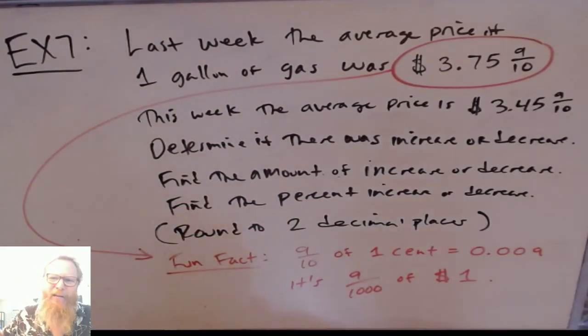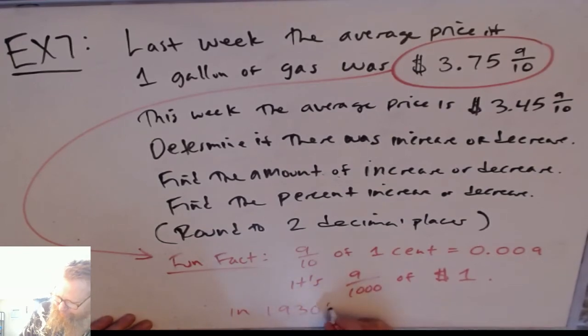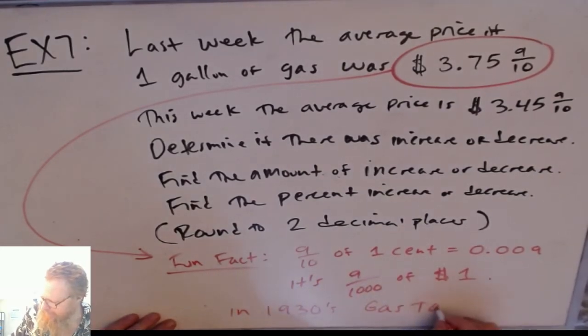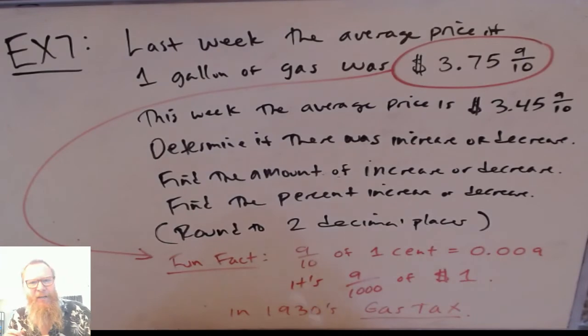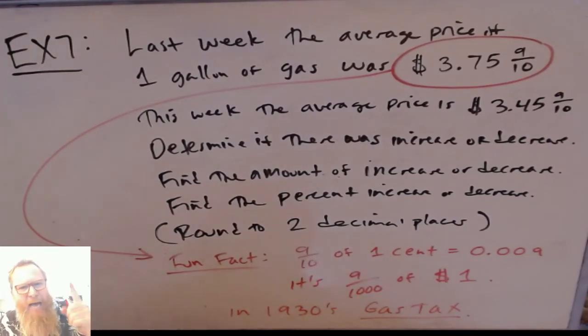It comes from the 1930s, when the very first gas tax was introduced. Prior to the 1930s, there was no tax on gas. So if gas costs 5 cents, then gas costs 5 cents, right? And so the federal government wanted to add a 1 cent gas tax.